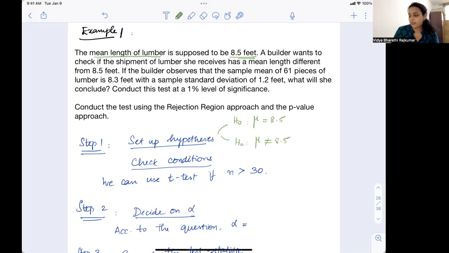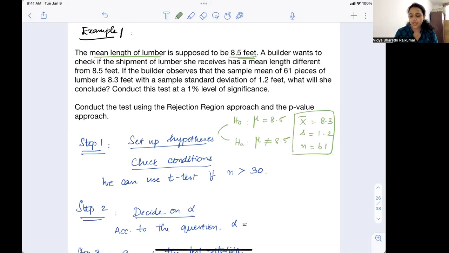Okay. And we're told that x bar is equal to 8.3, and we're told that s is equal to 1.2, n is equal to 61. This information is given to us. So we've set up the hypothesis. So let's go ahead and check if our sample is giving us enough information to reject the null or not reject the null.